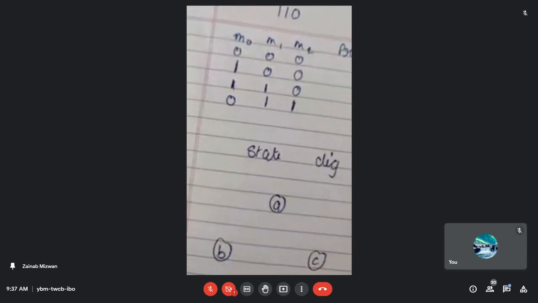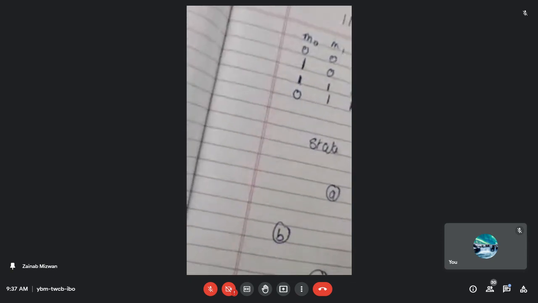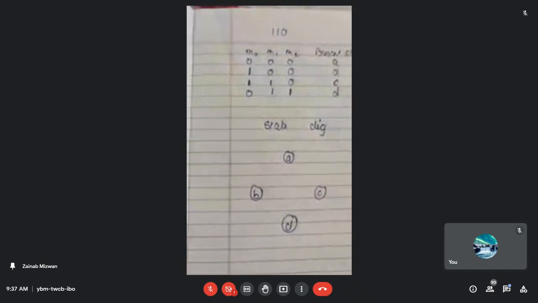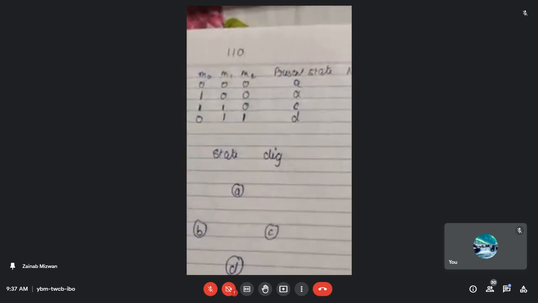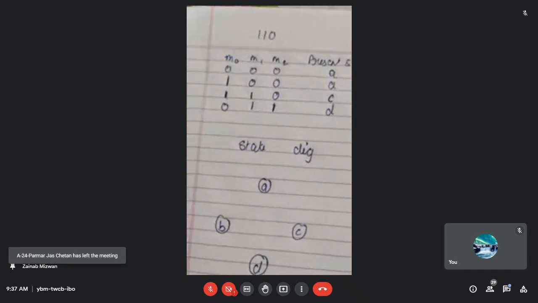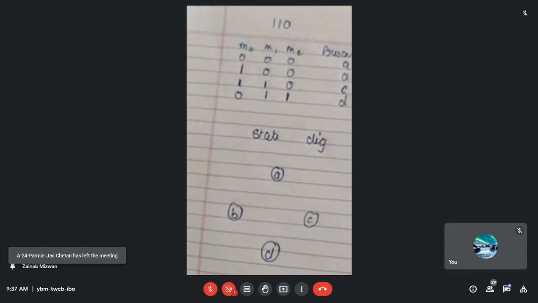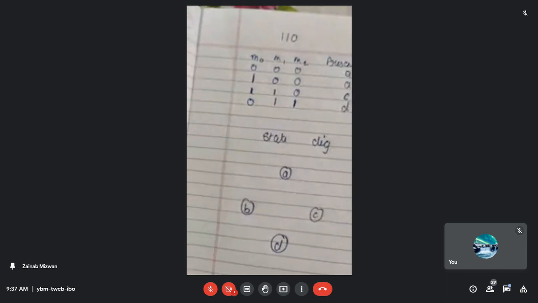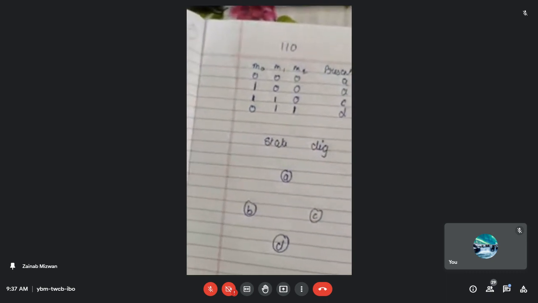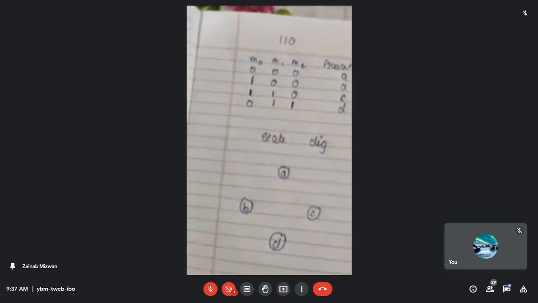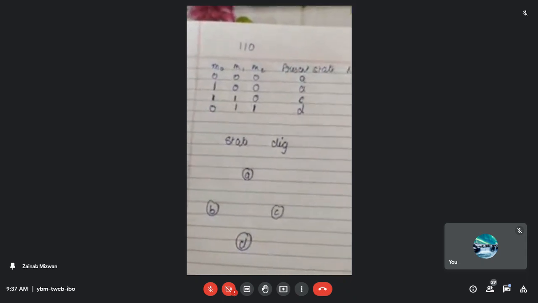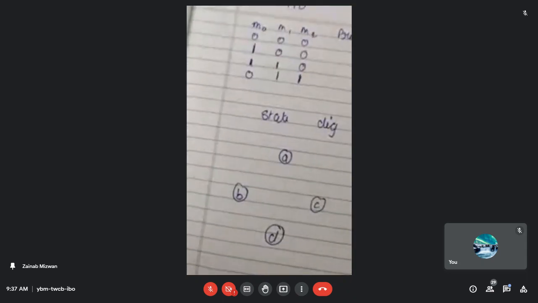When we talk about the code tree, when the input is 0, it is indicated by a solid line. When the input is 1, we are going to indicate it with the dotted line, and when the input is 0, we indicate it with the solid line.